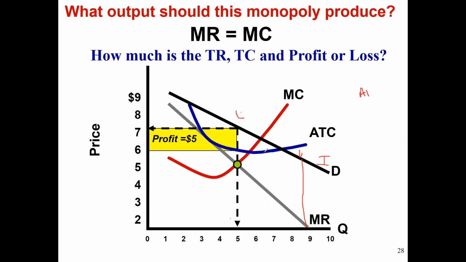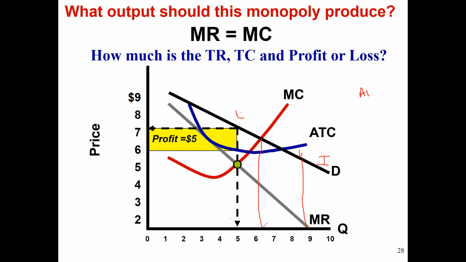Where MC crosses demand, which is here, is allocatively efficient, or socially optimal. They are the same thing. So you're not producing where MC crosses demand, so you're not allocatively efficient.